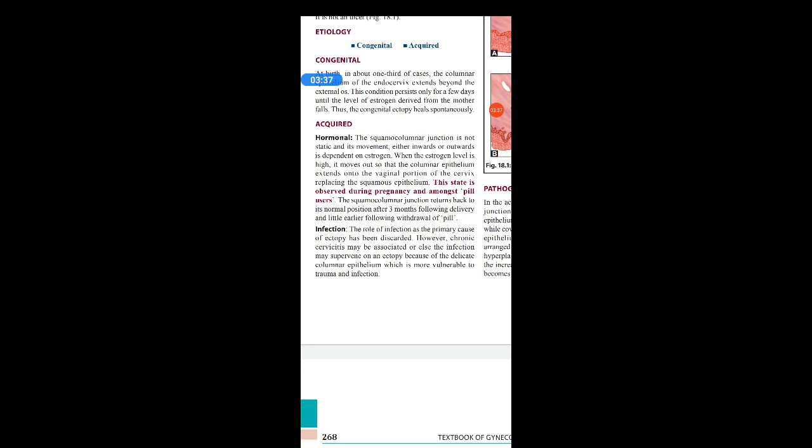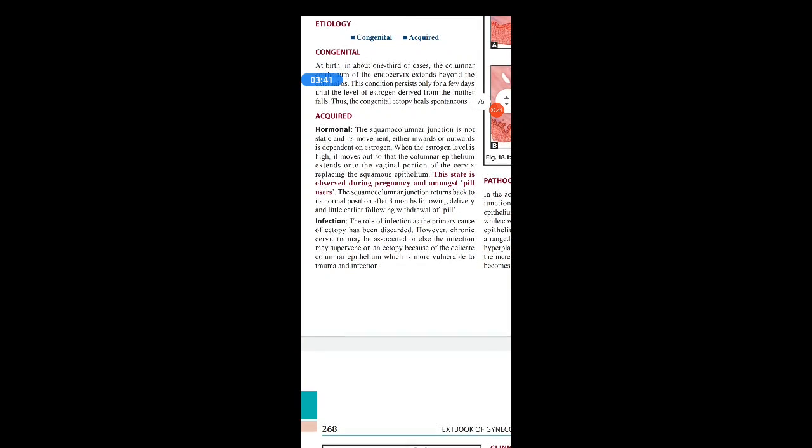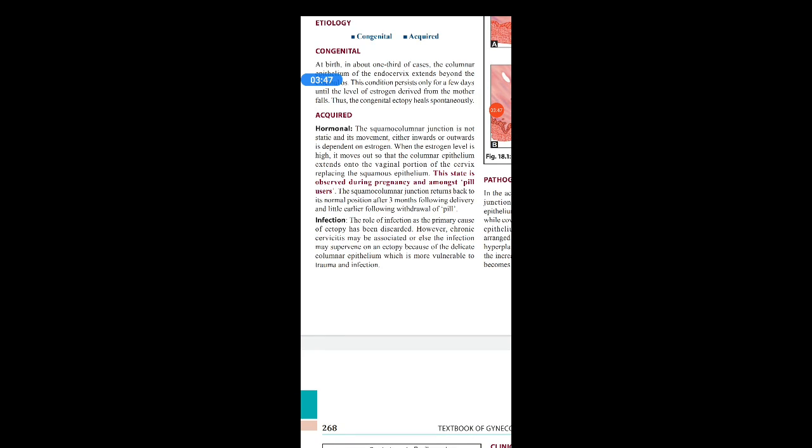The movement of the squamocolumnar junction is dependent on the level of estrogen. Whenever the estrogen level is high, it moves out, so that the columnar epithelium extends out to the vaginal portion of the cervix, replacing the squamous epithelium.